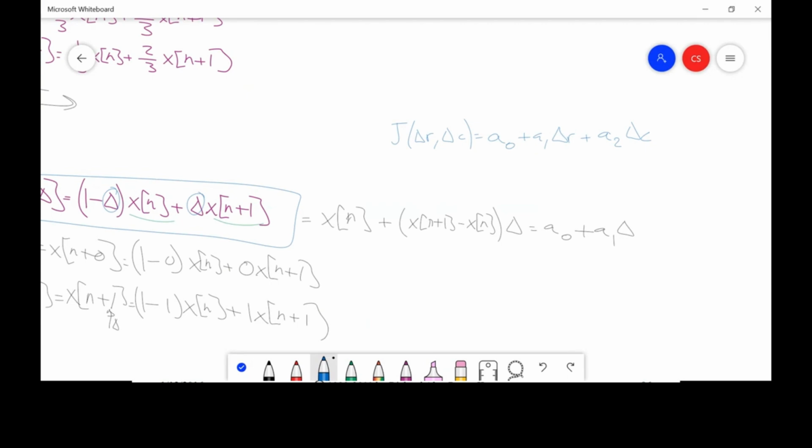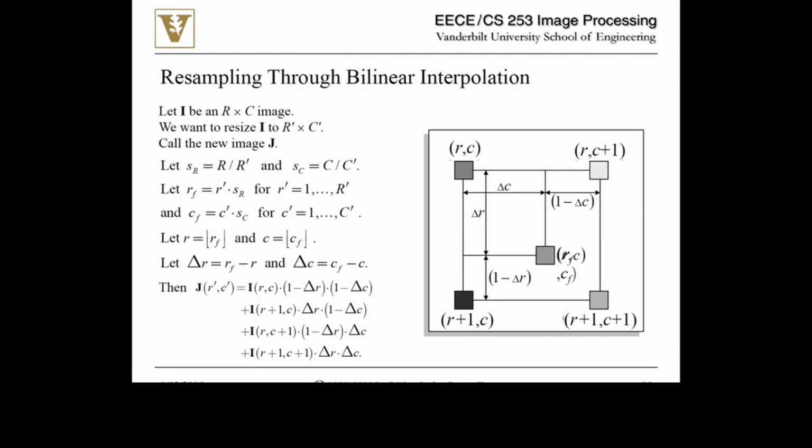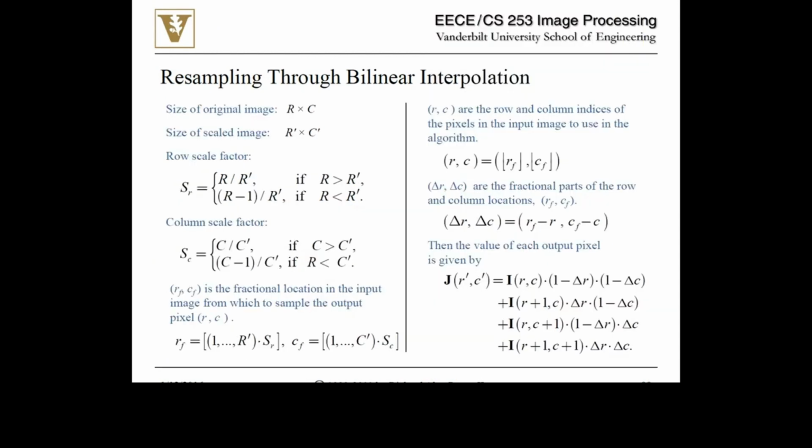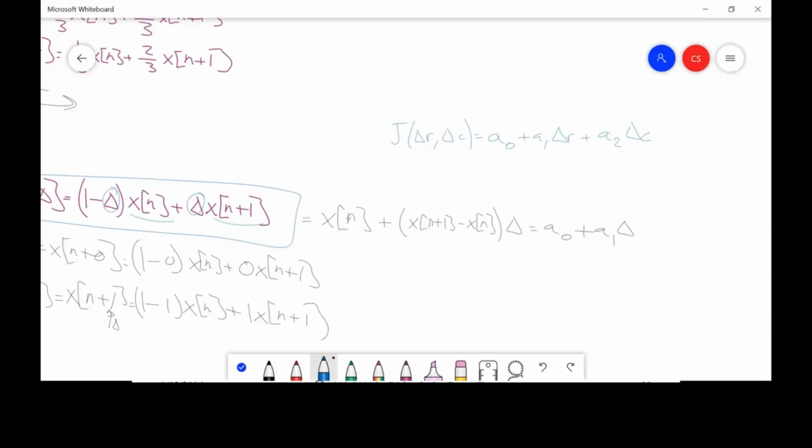Now, what is the procedure to interpolate? It is almost the same as the one we had before. Yesterday we had the following.